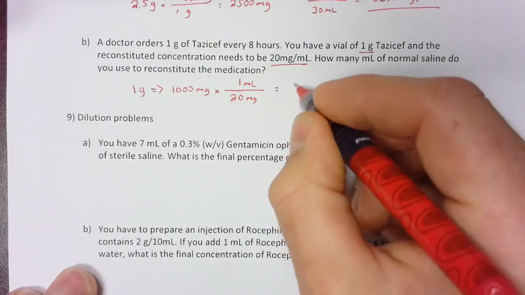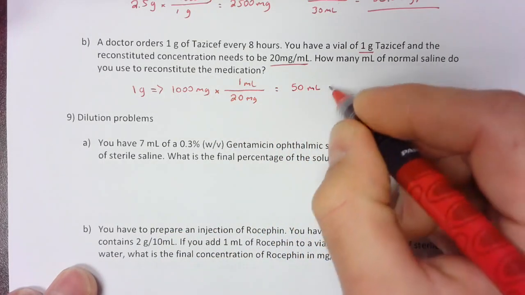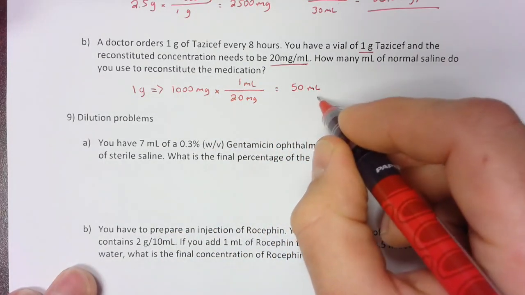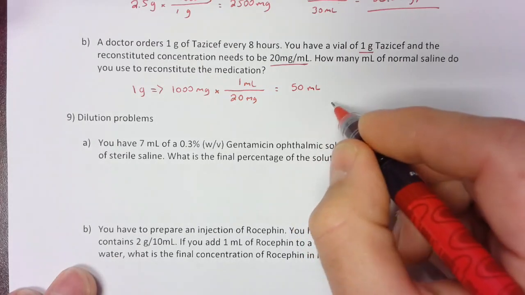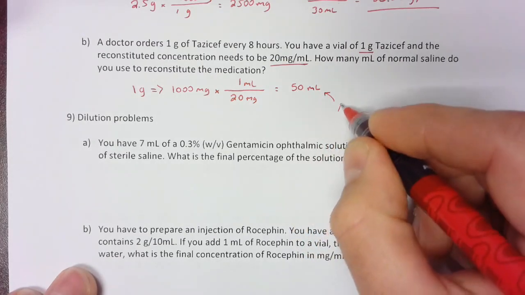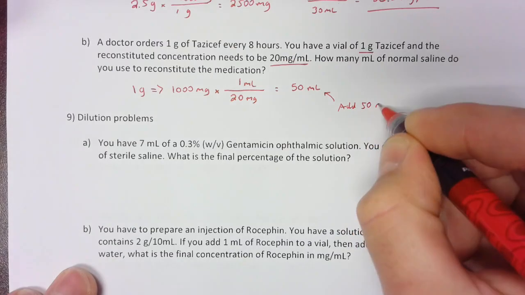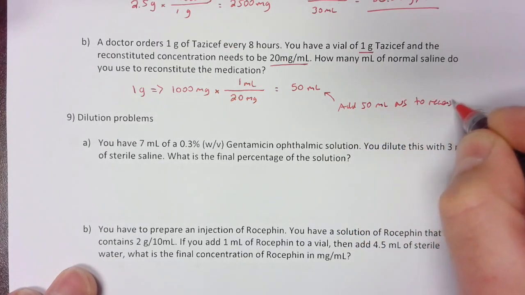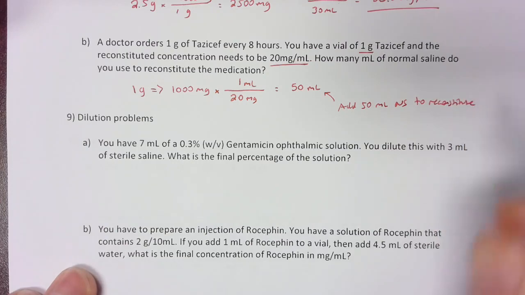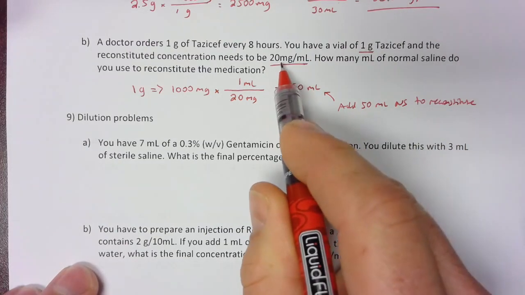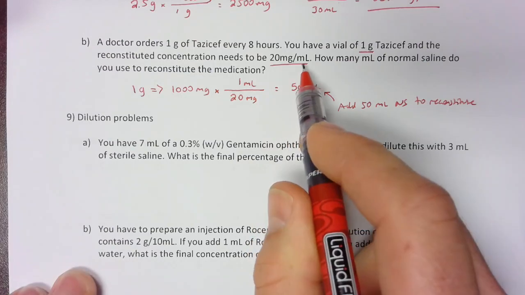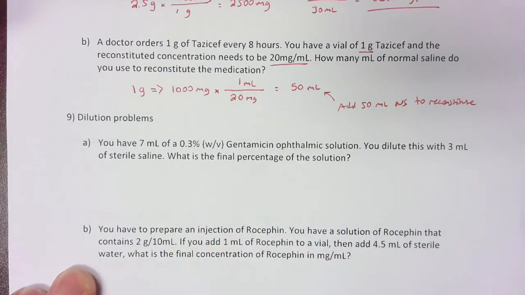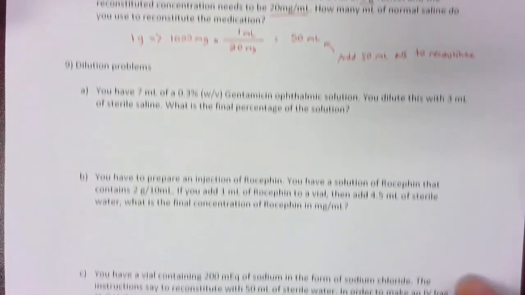And if I do that, I get 50 milliliters of liquid. So I need to add 50 milliliters of normal saline to reconstitute this. And if I do that, the concentration will be 20 milligrams per milliliter. Okay.